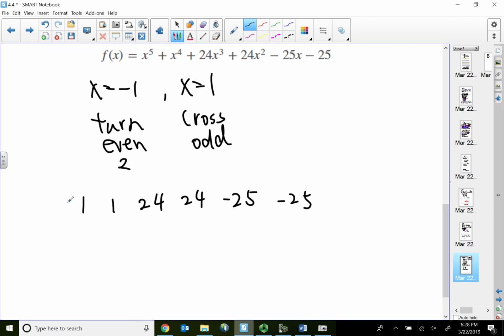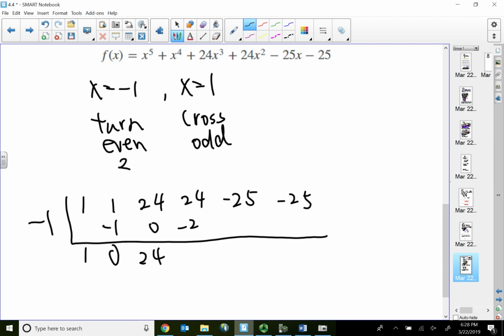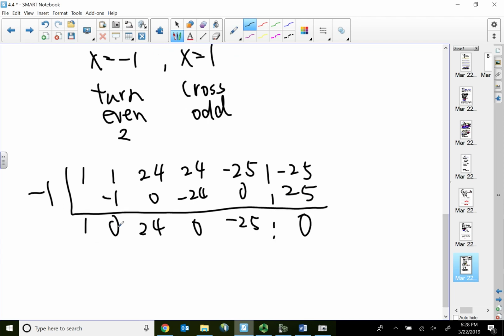So I'm going to use negative 1 to start out with, and knock the exponent down. Bring down the 1, that's negative 1, that's a 0, that's a 0, 24, negative 24, that's a 0, that's a 0, that's a negative 25, and that's a positive 25. So the remainder is 0. Now the leading term is 1x to the 4th power.